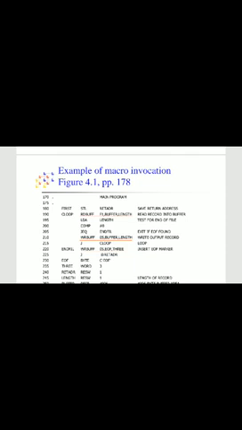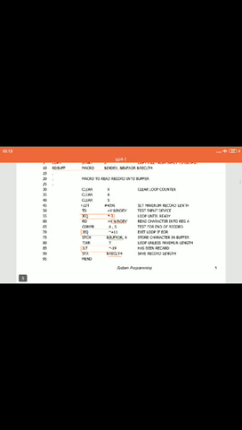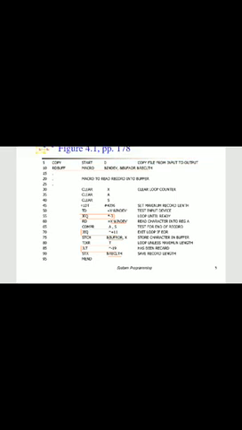Another important thing to understand here is why we are not using any labels. I will show here. See, this is the definition of RDBUFF, and you can see there are no labels. What happens if you use labels here?